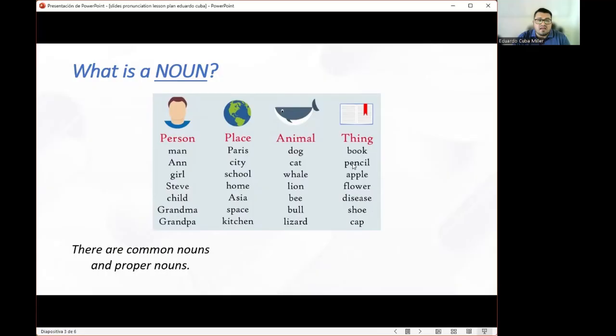So don't forget, a noun can be a person, a place, an animal, and thing. There are common nouns and there are proper nouns. And also, nouns can be singular and plural. Awesome then. Like, for example, I can say a pen, or I can say 3 pens. Right then.